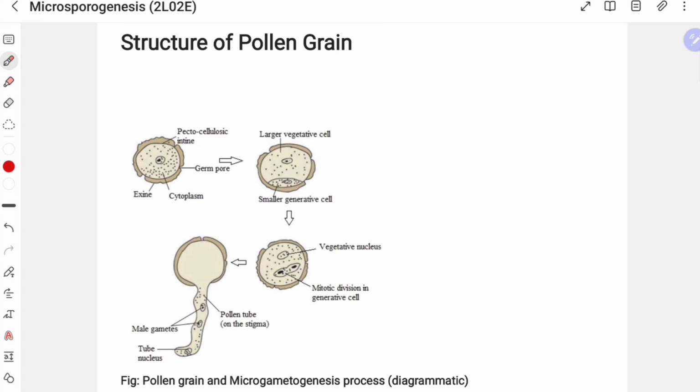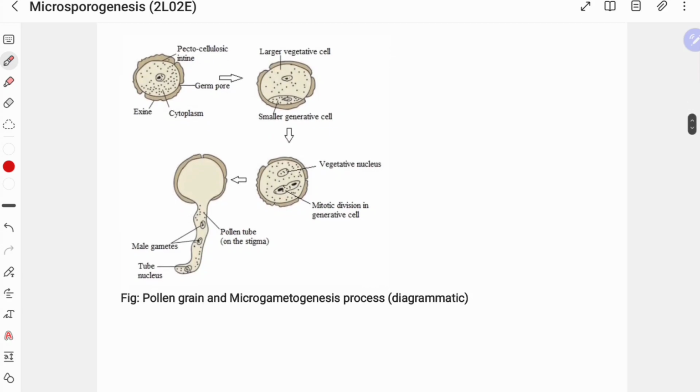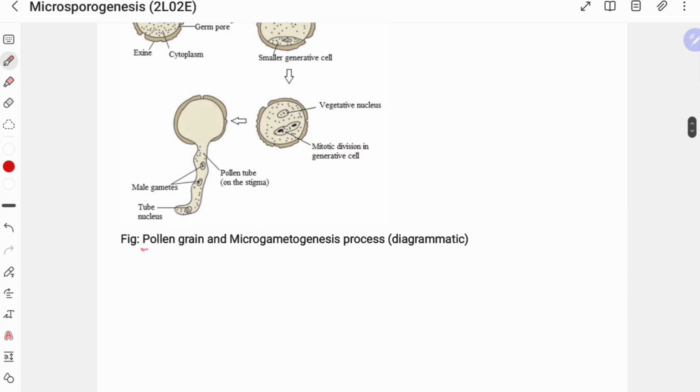Clearly you can see the male gametophyte has two male gametes and one pollen tube. It has a tube nucleus, and it develops on the stigma of the female parts. This is the microsporogenesis process.